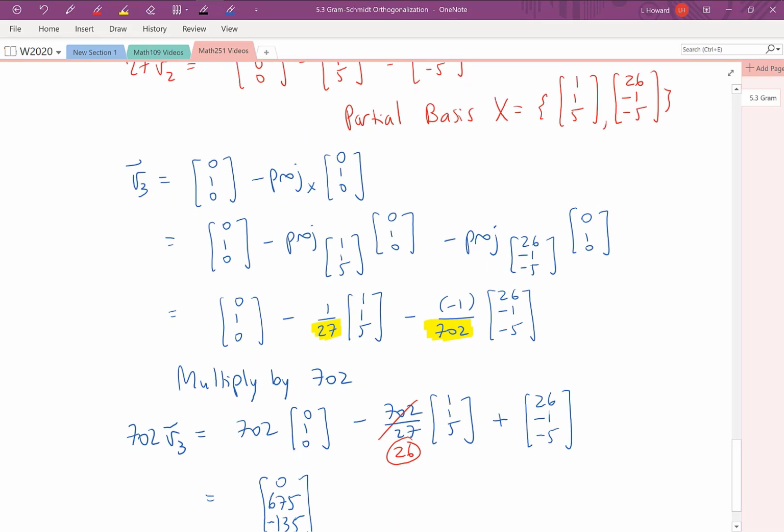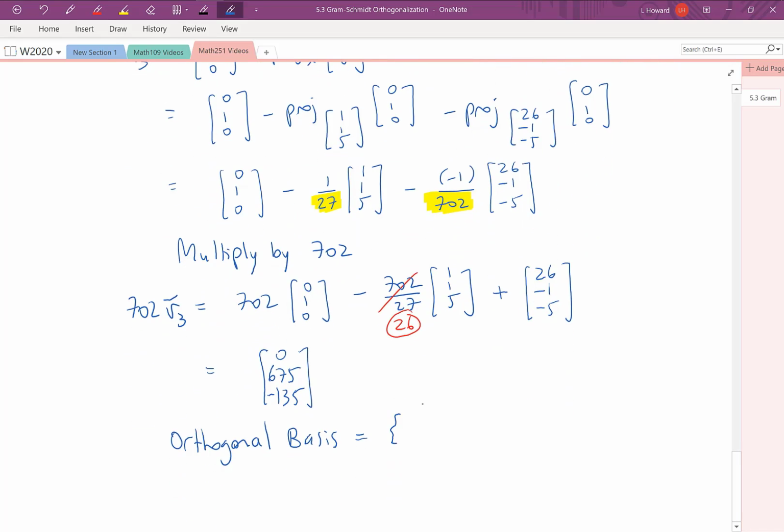Right at the top of the screen here, we've got the partial basis from our previous step. So it was 115, 26 minus 1 minus 5. And then we've now built our third and final basis vector, 0, 675 minus 135.